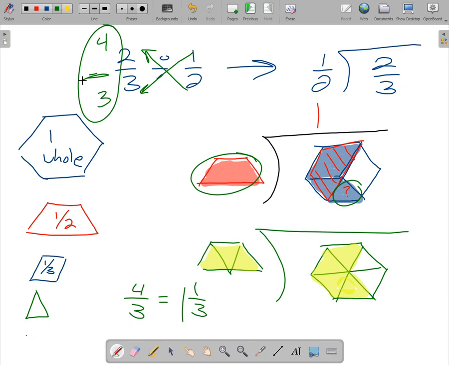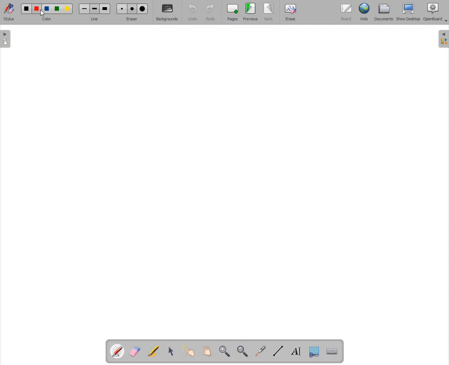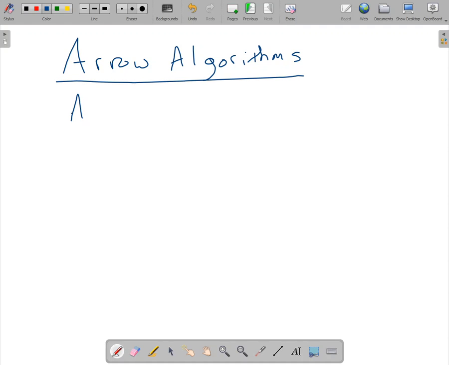So a reminder about the different algorithms. And I'm just going to focus on the arrow algorithms right now. Addition and subtraction have the same algorithm.